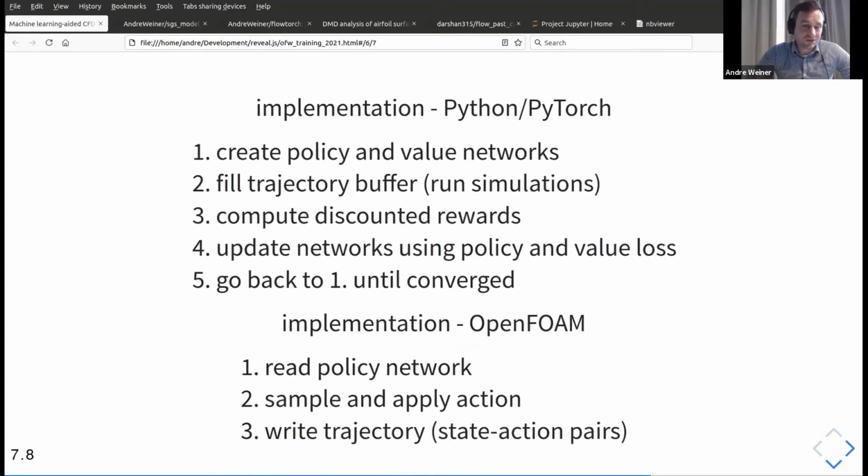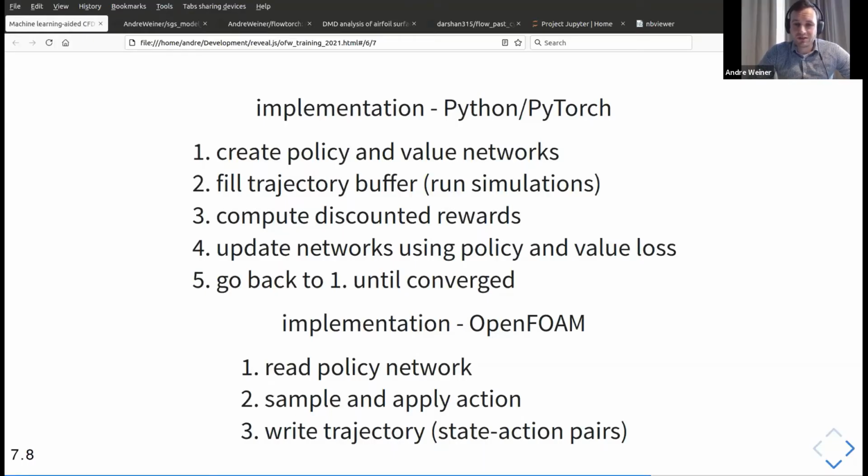All right, so how is this actually implemented? On the one hand, we have a Python script, using Python and PyTorch, and this script creates the networks that we need. There's a policy network and there's a value network. The value network is only used to stabilize the training process. Then in the next step, we fill our buffer with trajectories.